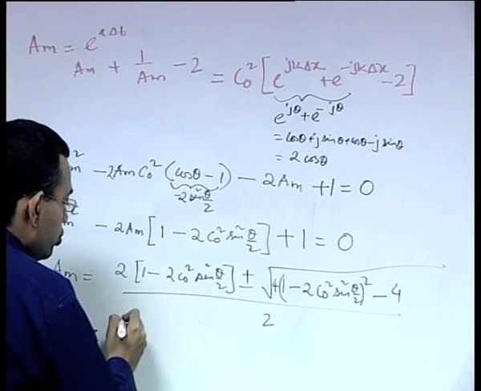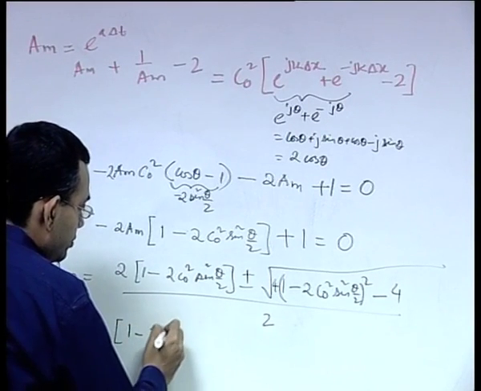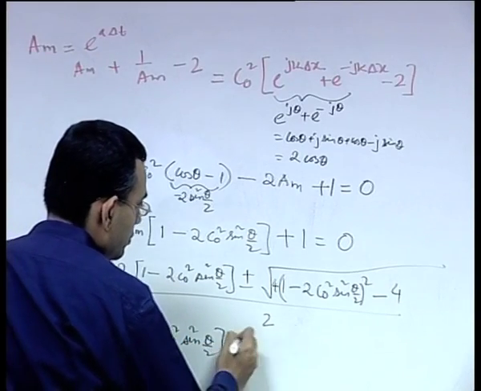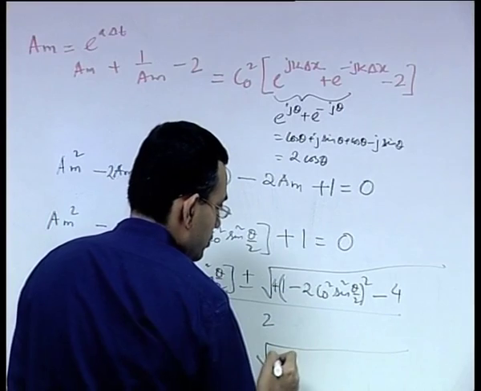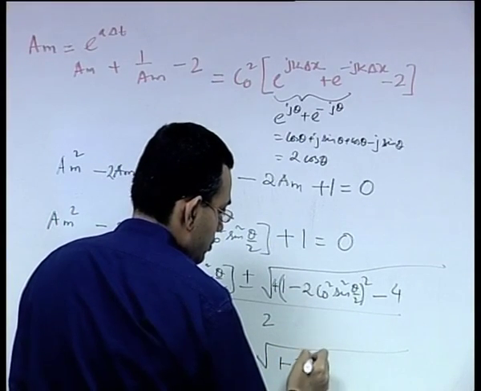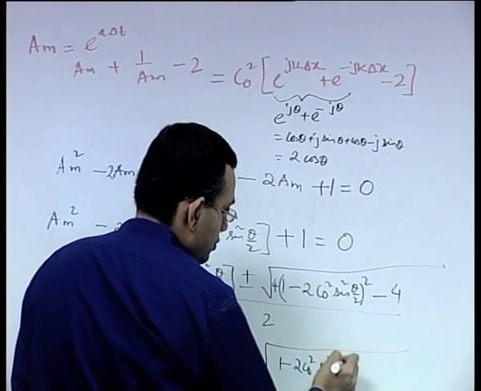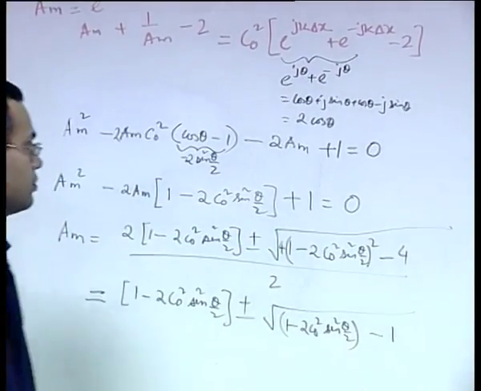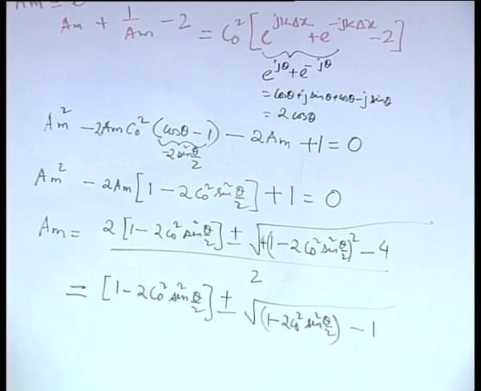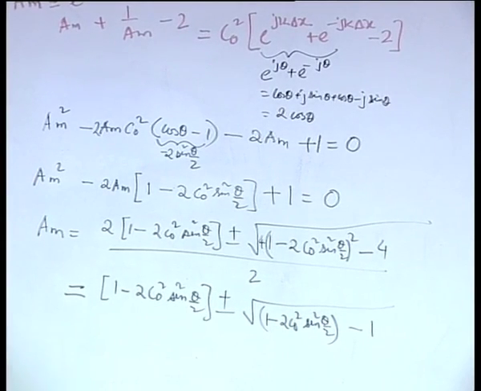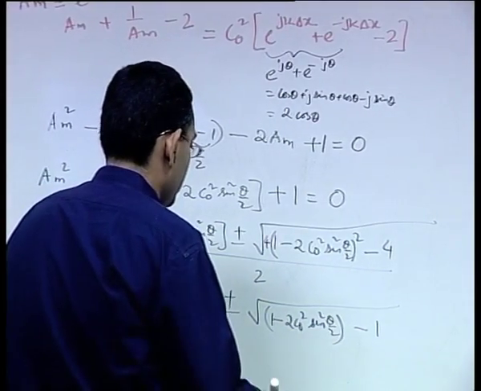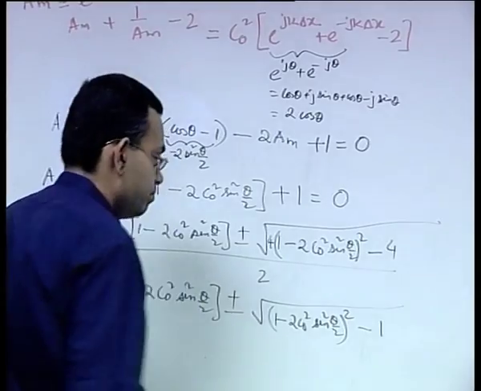So, we can cancel 2 from both numerator and denominator. This is all right. This whole square, right.